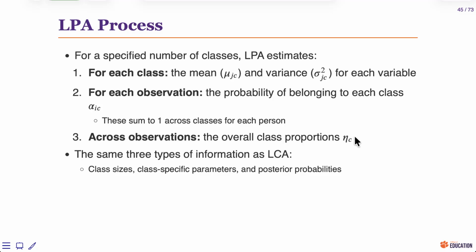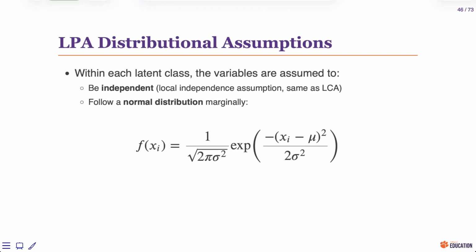We've got, again, class-specific information, person-specific probability information, and then information about each of the observed variables. Now, I will note latent profile analysis may also allow you to estimate covariances between variables within classes, because in the multivariate normal distribution, you can relax the assumption of local independence, although in our example, we won't.